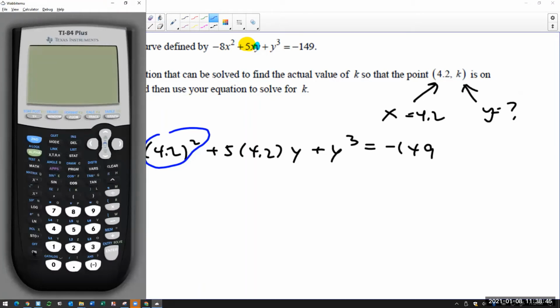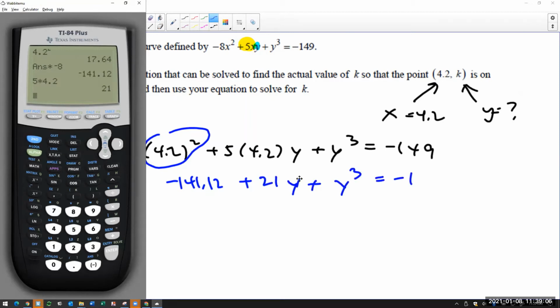Exponents before multiplication. So let me go to my calculator. This is going to be 4.2, square first, okay? Then multiply that by negative 8. So what I get is negative 141.12 plus, what's 5 times 4.2? 21, thank you. 21 plus 21y plus y cubed equals negative 149.